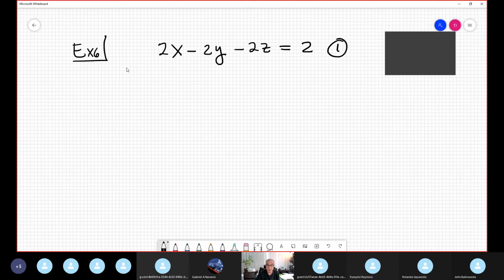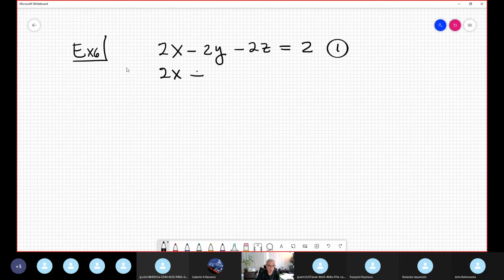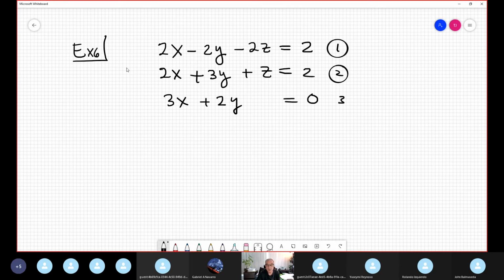This is my first equation. My second equation is 2x plus 3y plus z equal 2, and my third equation is 3x plus 2y equals 0. Equation 3.